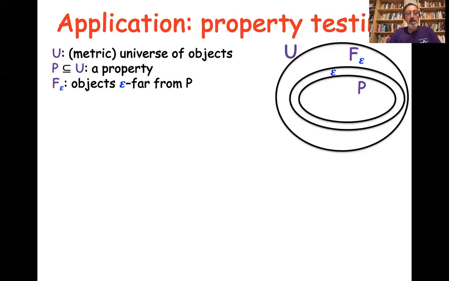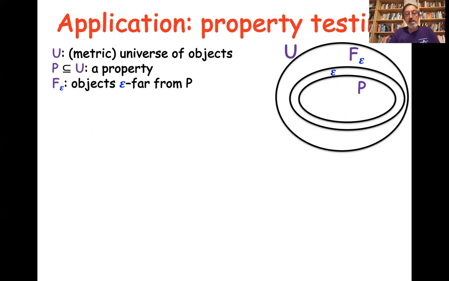Okay. What I want to show you now, and it will be very natural, is the application to property testing. So I'll remind you the setup. I'm sure most are familiar with this. We have some large universe U, which has some metric or distance on it.